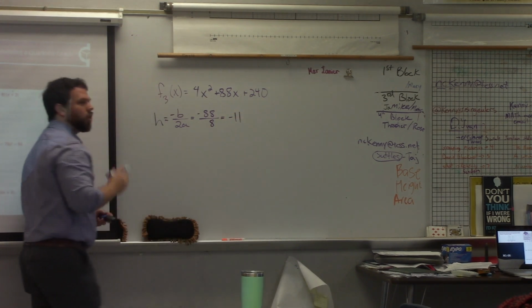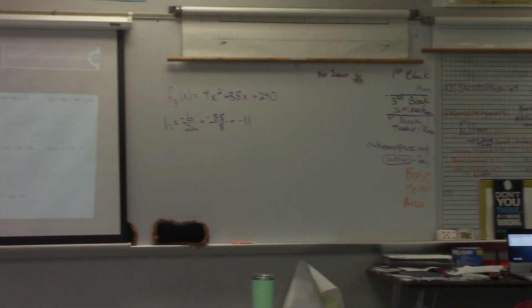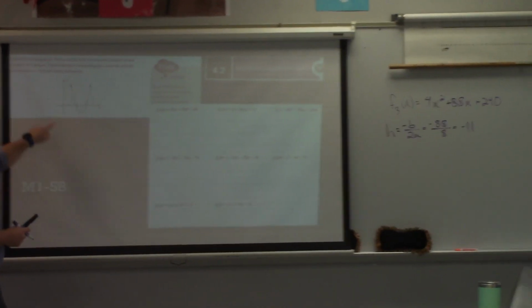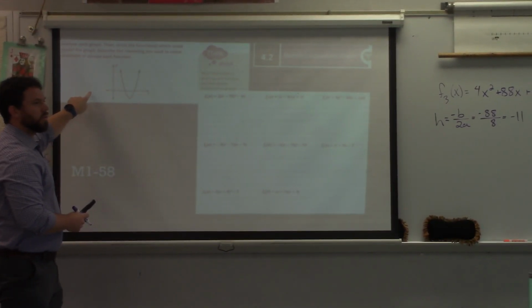So I want you to think about it. Could F3 now go with this parabola here? If h is negative 11, starting from the origin, which direction is that going to go? To the left, isn't it? So could that work in this case?